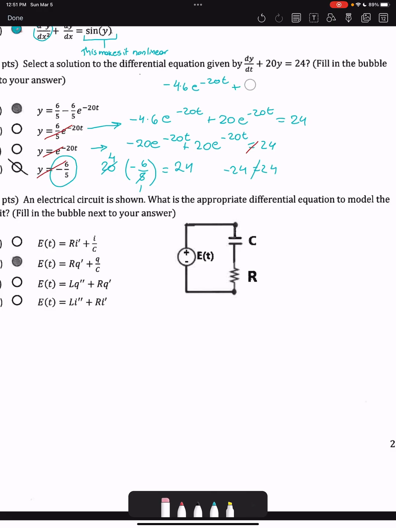So I'm going to put 20 divided by 5, so that's going to be 4 times 6 minus 4 times 6 e to the negative 20t. However, that was already a minus. So let's see how that's going to play out. We want this to be equal to 24. And if only these had opposite signs, then it would equal 24.